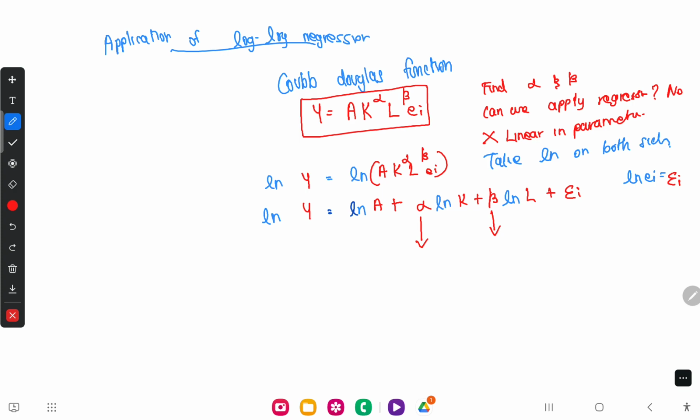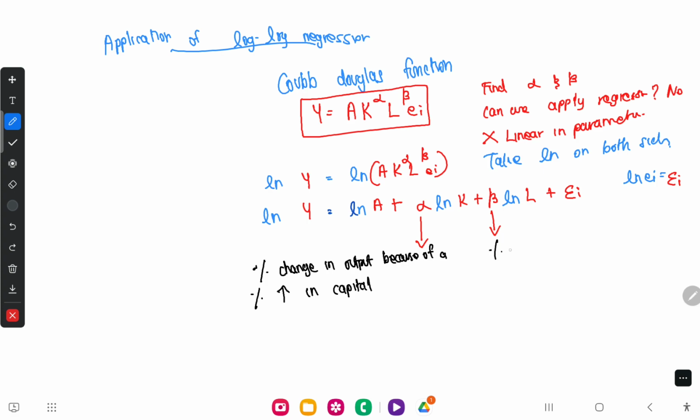What does this alpha refer to? It's the percentage change in output because of a percentage increase in capital.